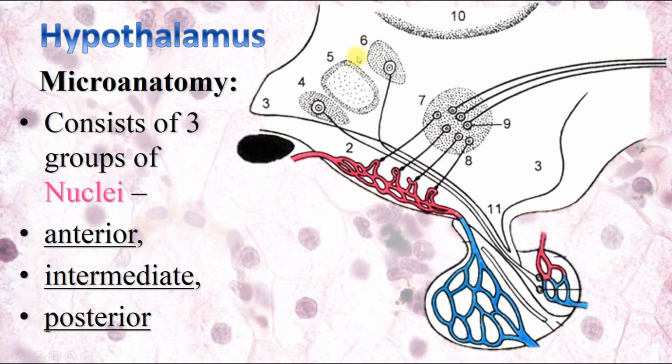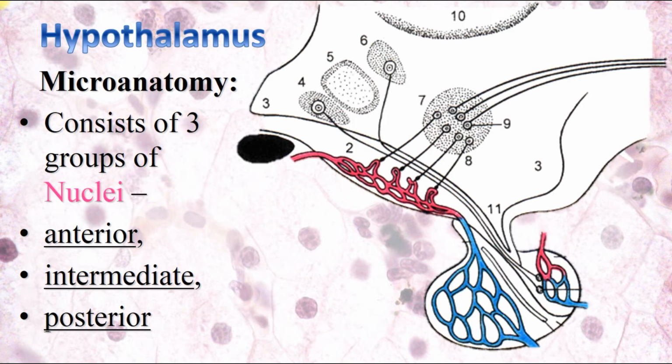Here we can see anterior and intermediate nuclei, but we cannot see posterior nuclei. It's because of a feature of posterior nuclei: they are part of the nervous system only. They provide only nervous functions.